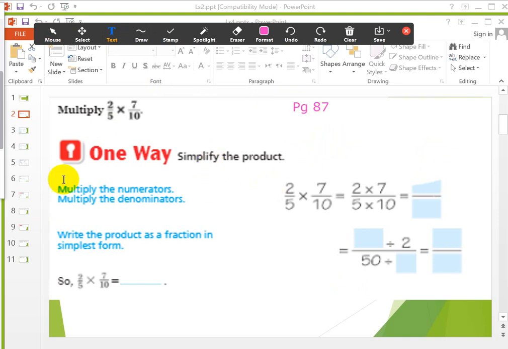So let's start with this multiplication. The first way, we will talk about how to simplify the product after you multiply the fractions by using the greatest common factor.